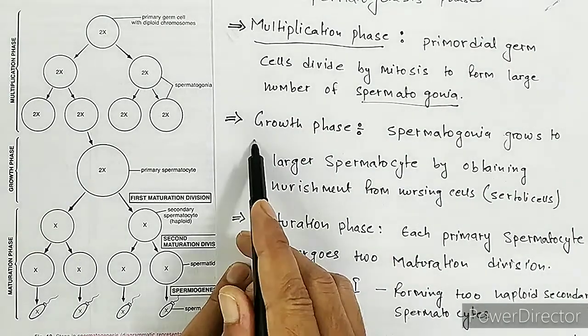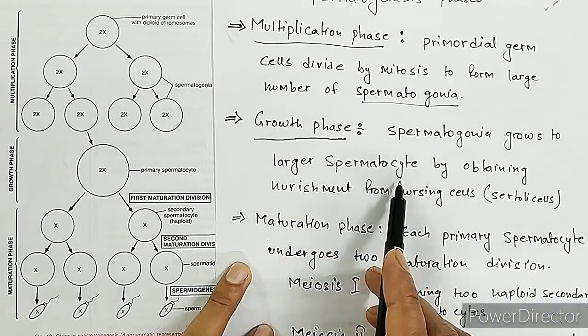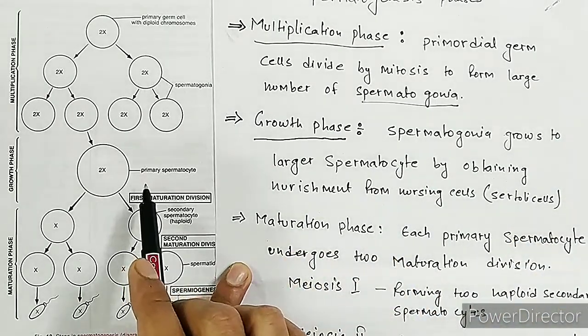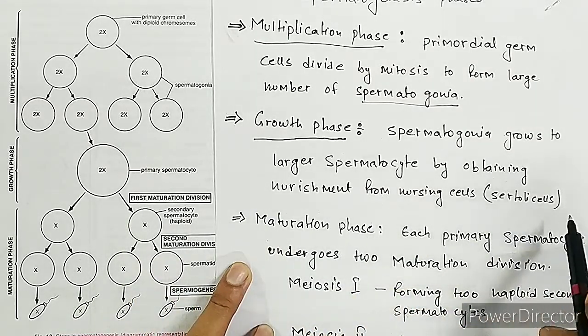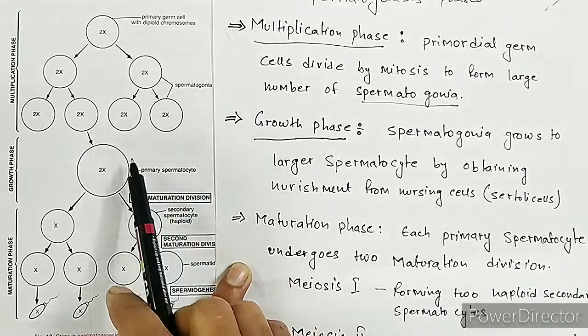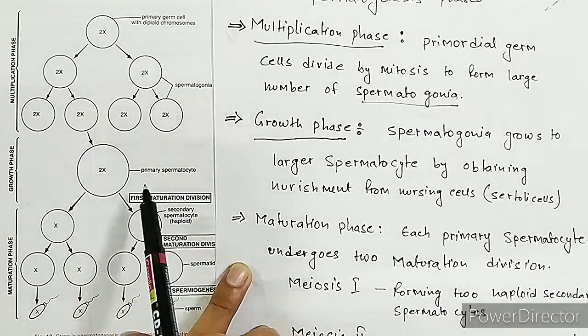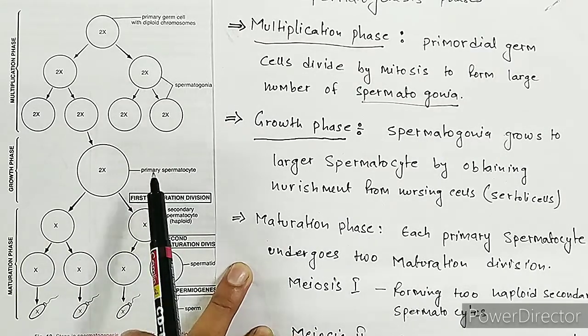And in the growth phase, the same spermatogonia grow into a larger spermatocyte by obtaining nourishment from nursing cells, which are the Sertoli cells. So these spermatogonia grow into a large primary spermatocyte, and this is the growth phase.